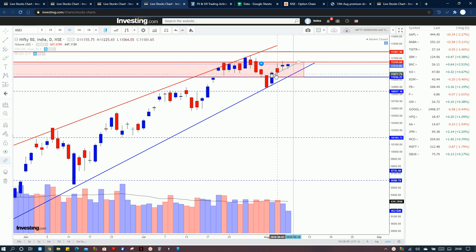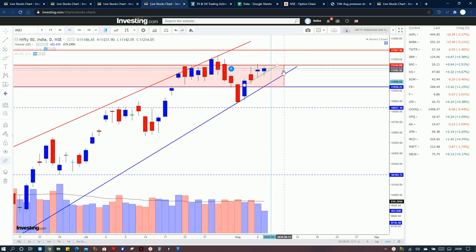There is a line I have drawn, but this is a temporary support. So we can say that 11,200 will be the support for tomorrow. If that breaks, then we can expect much downside, but as long as 11,200 holds, much upside can be seen.